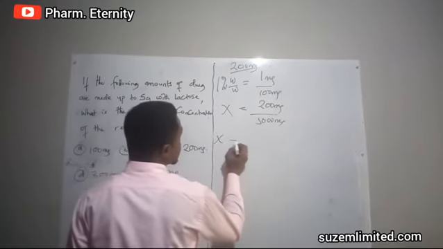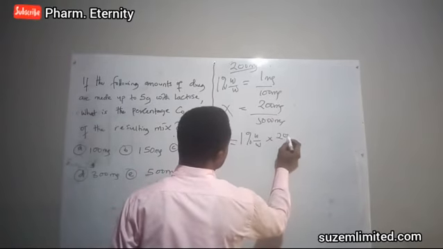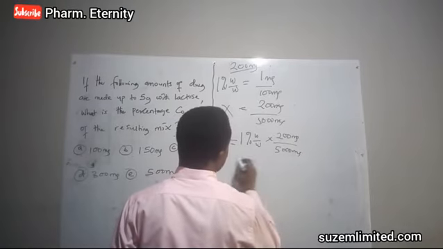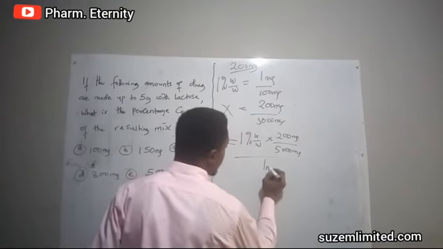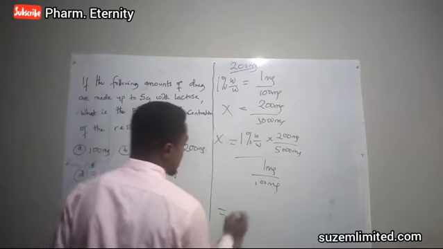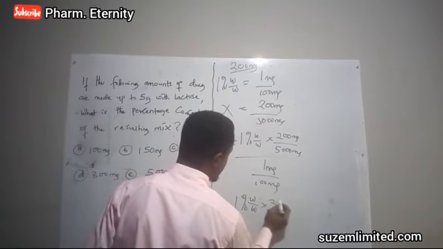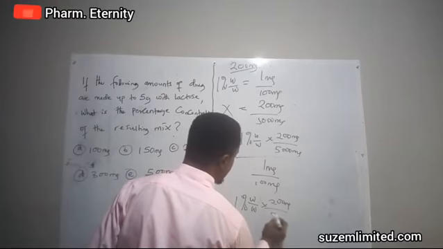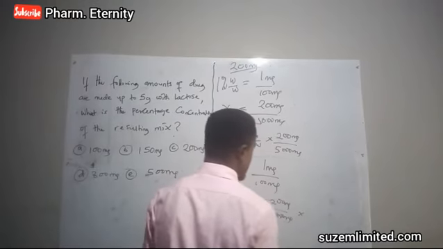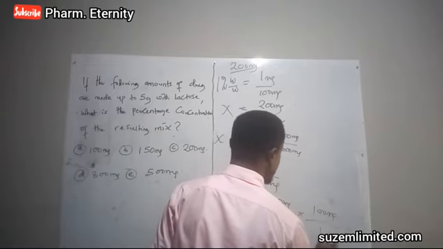5,000 milligram is X. Therefore, X is equal to 1% weight per weight times 200 milligram over 5,000 milligram, divided by 1 milligram over 100 milligram. This is 1% weight per weight times 200 milligram over 5,000 milligram times 100 milligram over 1 milligram.